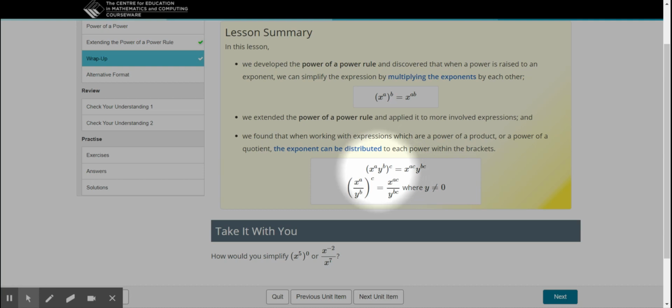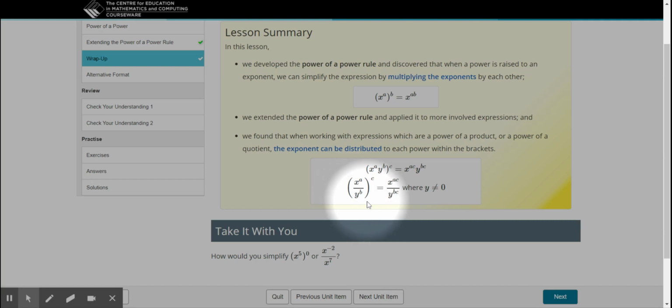So for example here, x^a multiplied by y^b, all that to the exponent c, we see that we are taking x and applying the power rule. The exponent would be a times c, and y would be exponent b times c. Similarly, this also applies if we have a division.